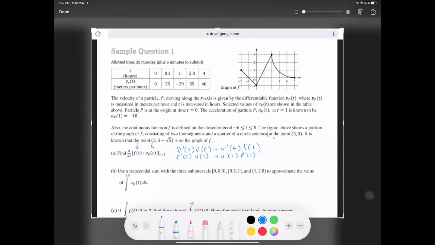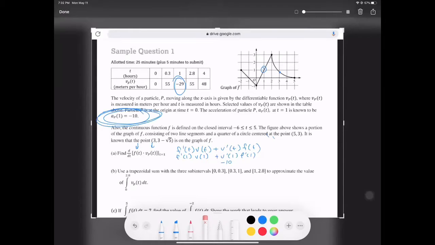Looking at the table, we see what v is, we see what f is. Now, what is the derivative at 1? So v prime is acceleration. Remember, v prime is acceleration. That's this guy right here. The derivative of velocity is acceleration. So we see that's -10.